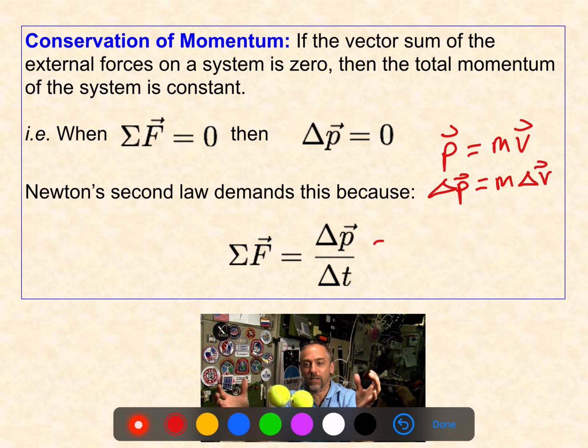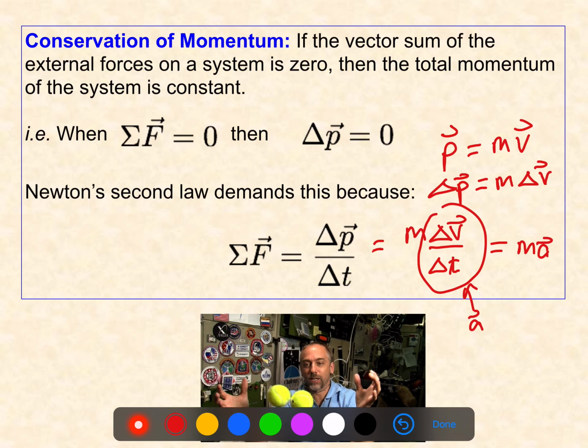So, if I substitute that into the right-hand side of the equation here, you see that I have delta v over delta t, which essentially is an acceleration, and we get back Newton's second law, F equals m times a.